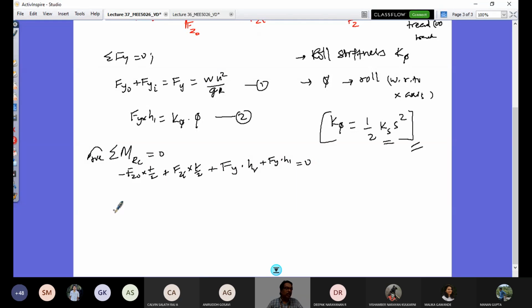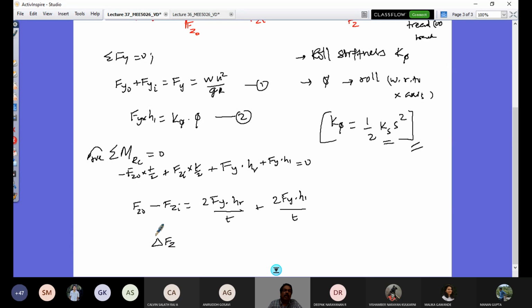So this would be again rewritten as Fz naught. I take these two terms on the other side, minus Fz i, and the remaining term here is going to be 2Fy into HR by T plus 2Fy into H1 by T. So this difference here, Fz naught minus Fz i, is delta Fz.